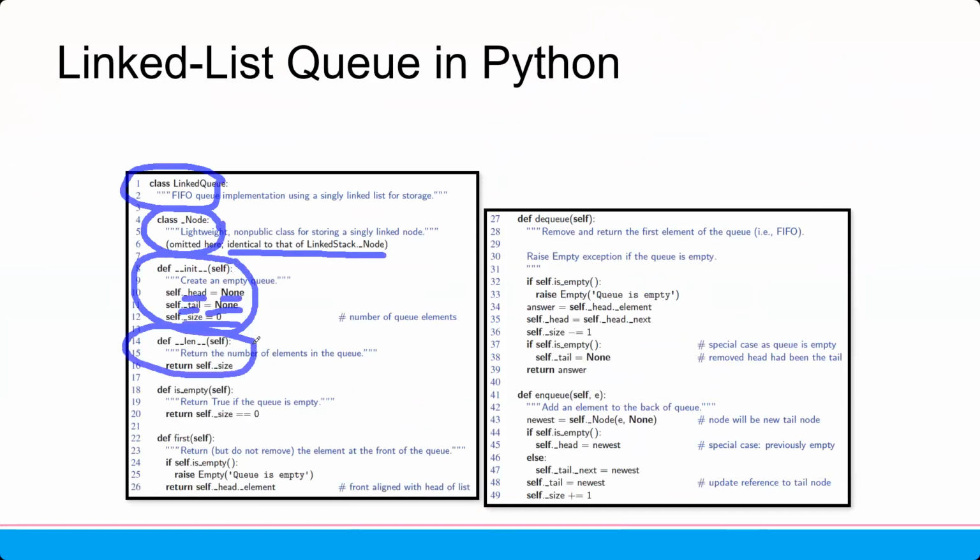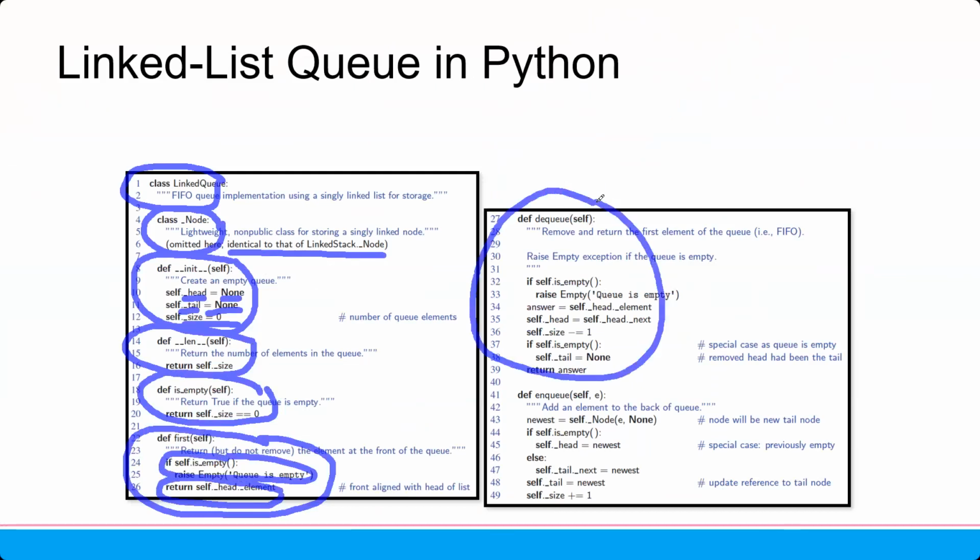The length means I want to know the size. Empty means I want to know whether it is empty or not. First means the head. If it is empty, then the queue is empty. But if it is not empty, I will return the element of the head.